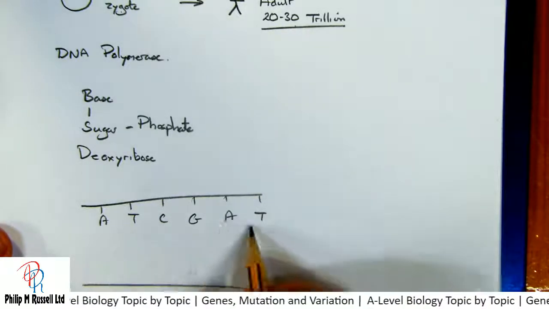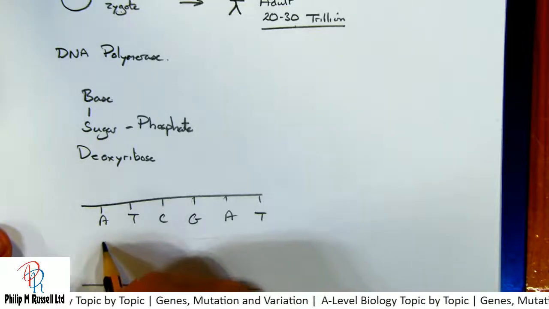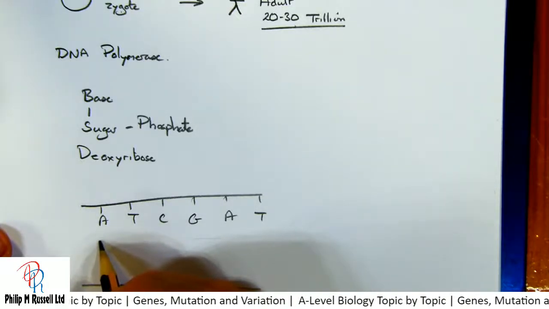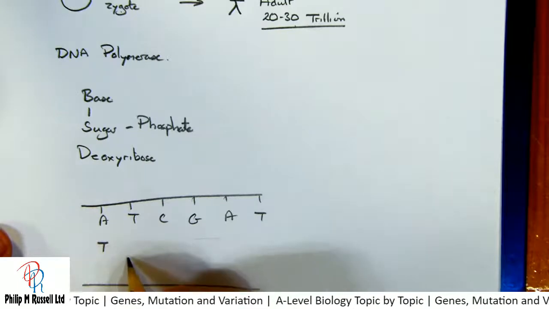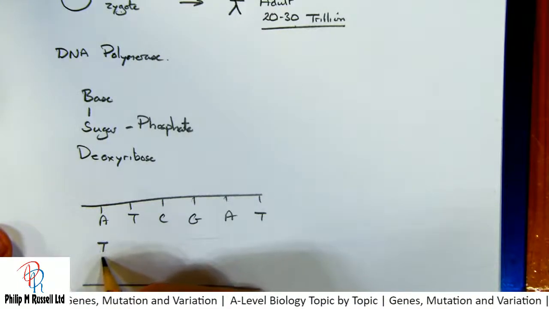As I want to make that, what I've got to do is put on first one base, and then I can link to this sugar phosphate.